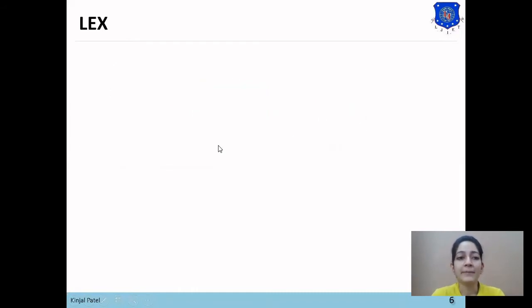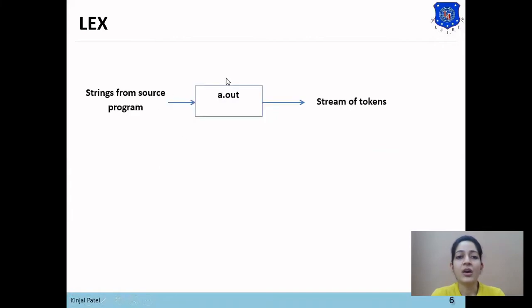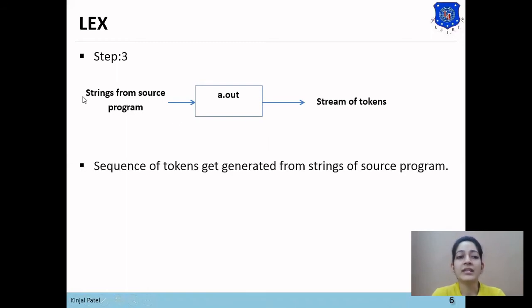Now step 3 is that the object code is used to generate the stream of tokens. The string of the source program will be passed to the object code, and the object code will generate the stream of tokens. These are the 3 steps performed to generate the stream of tokens using the Lex tool.